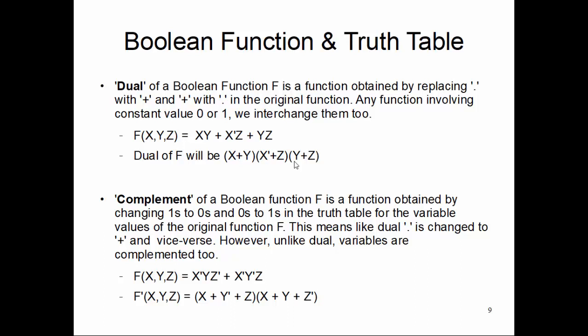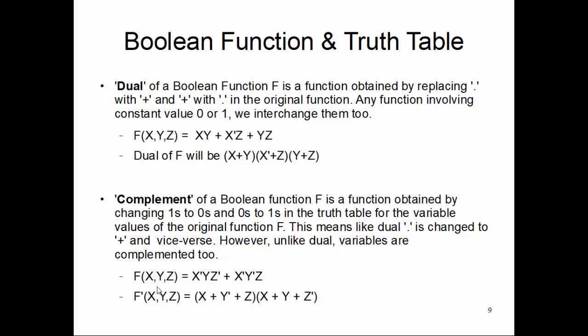And this means, like the dual, all the AND is changed to OR and OR is changed to AND. But unlike the dual, variables are also complemented. If there is a complemented variable like x bar, we call it x in the complemented function.